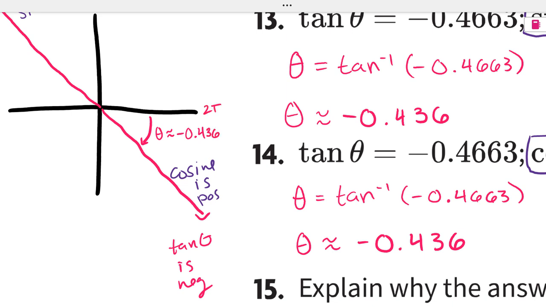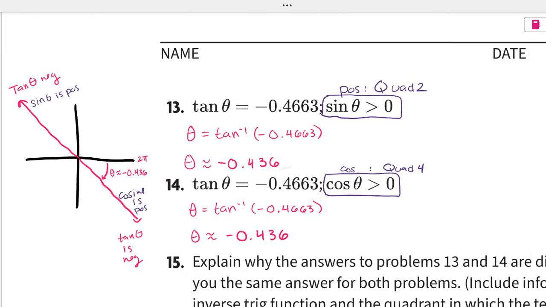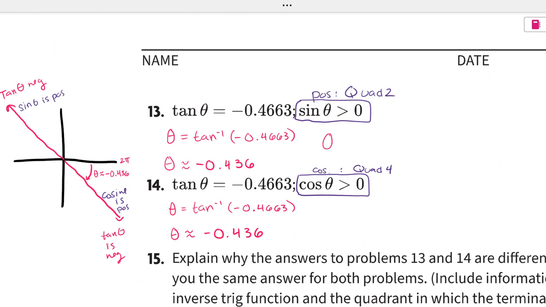Remember, this whole thing is 2 pi. So if I want this to be in quadrant 4, I need to add 2 pi to the angle that I got.